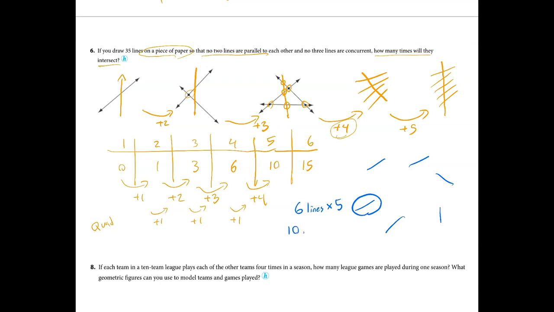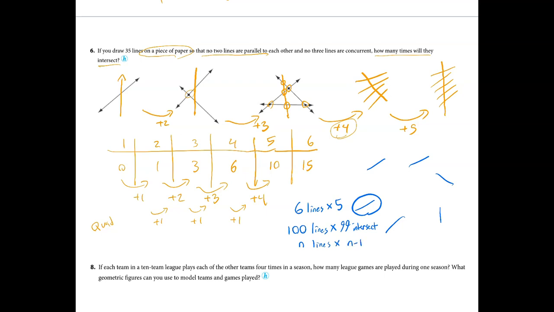If there were 100 lines, each of the 100 lines would hit every other line because they're not parallel and they're in the same plane. So 100 lines times 99 intersections, right? So in general, n lines will intersect n minus 1 lines, right?